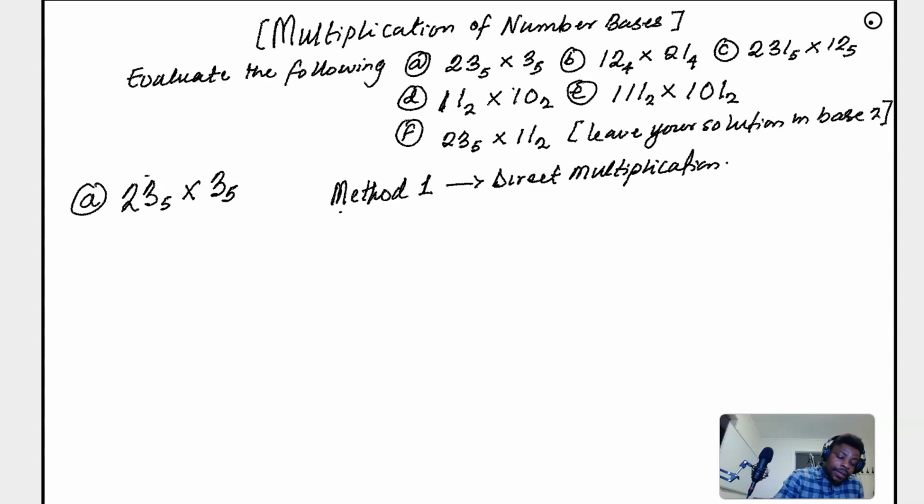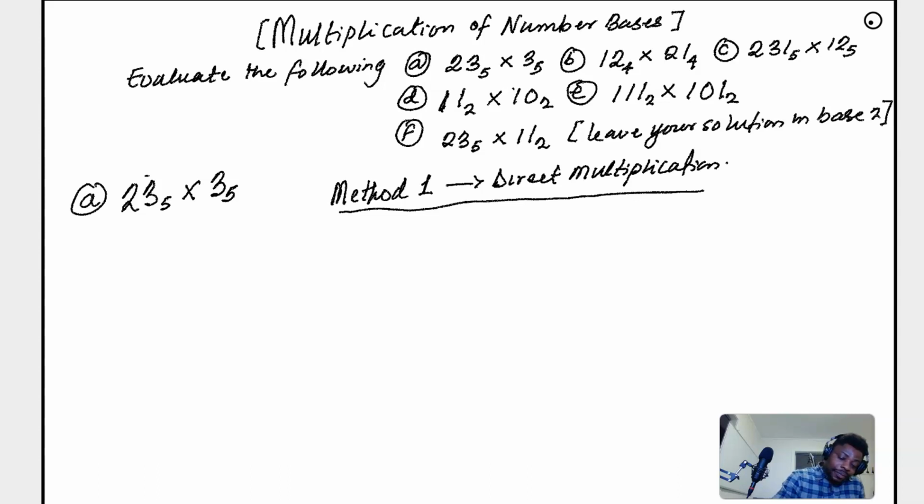It is important that you understand that no number should be equal or greater than the base. Whenever you have a number that is equal or greater than the base, you have to divide. That is the same thing we have been saying from the beginning of number bases.